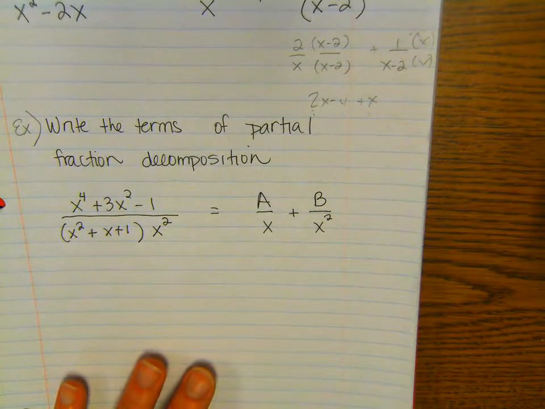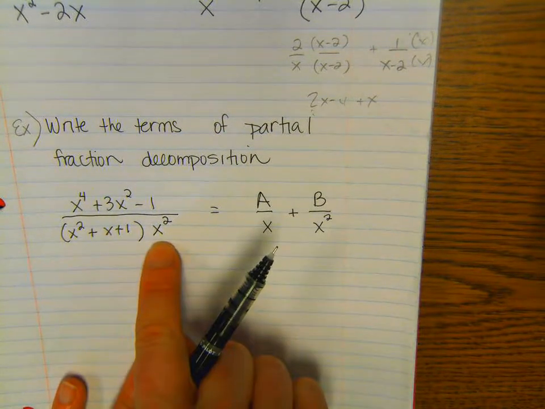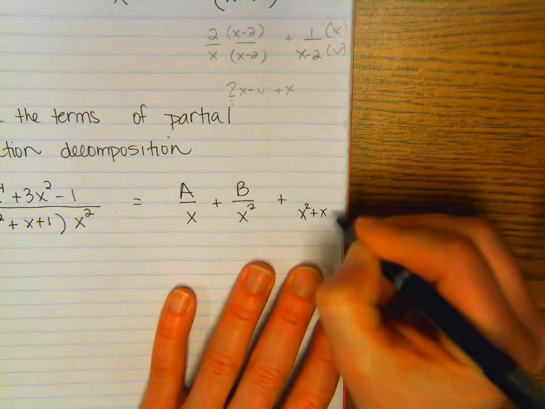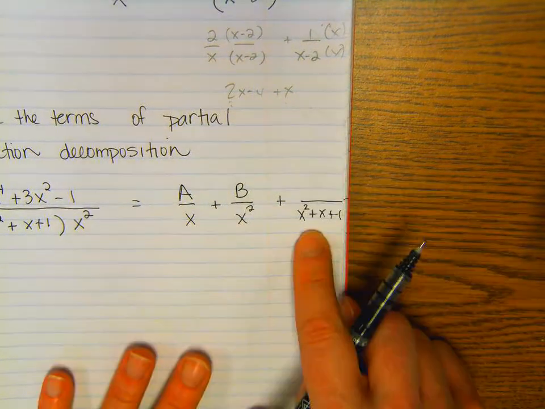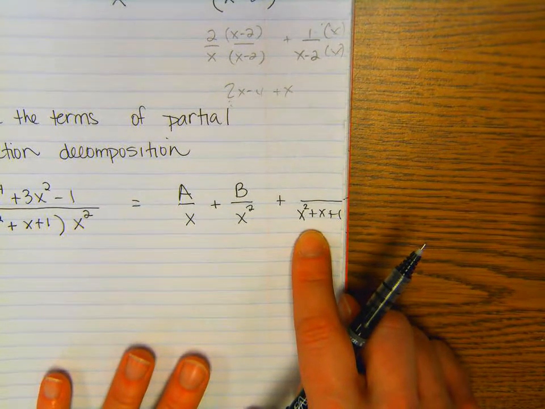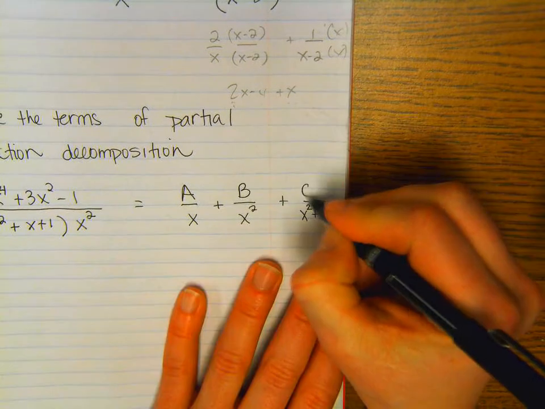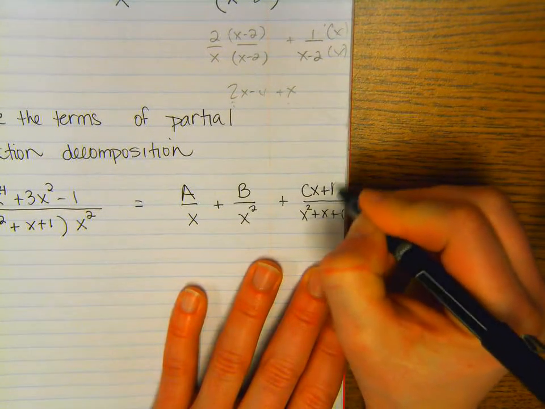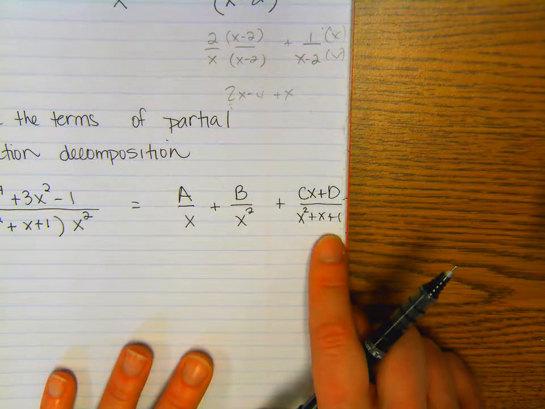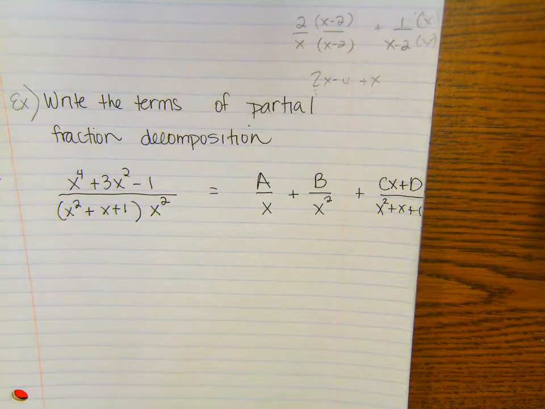All right, what's the last factor you see there? X squared plus x plus 1. And so that would be my last one. When I see something like this, and this is the one that you should know what to write for the numerator, but we're not going to actually ever find them, this would have to have a cx plus d on top because it's a quadratic, x squared plus x plus 1.